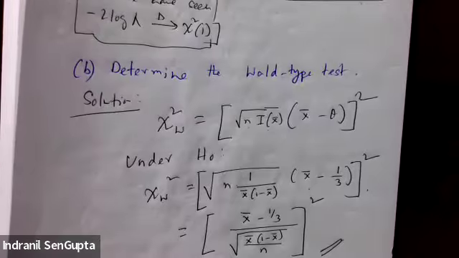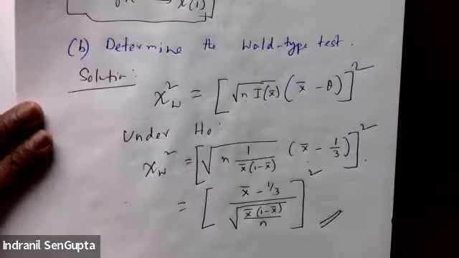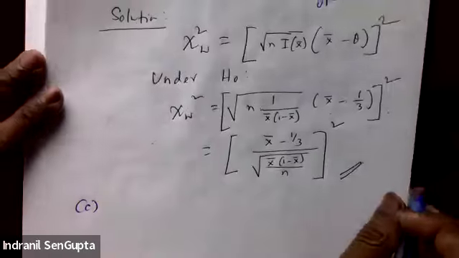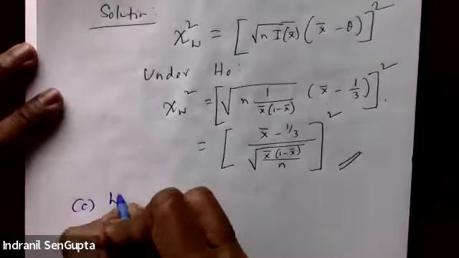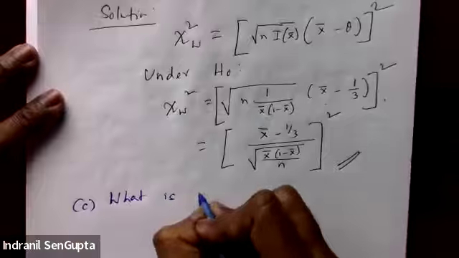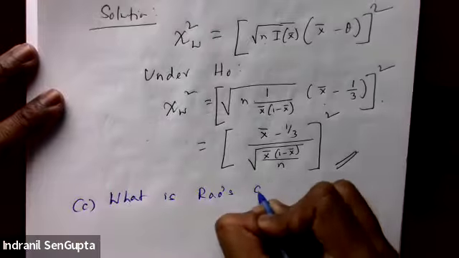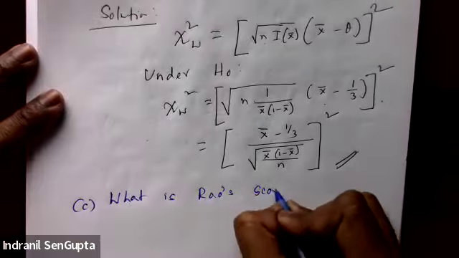And finally, part C is what is Rao's score statistic?